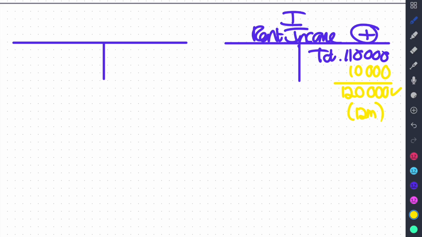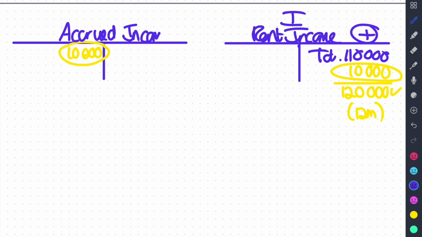Double entry would mean that 10,000 Rand will have to sit on the debit side, because over here it's on the credit side. But this account is now referred to as accrued income. Now, you can just look at the double entry to know where it goes, but let's try and understand why it is written on the debit side.